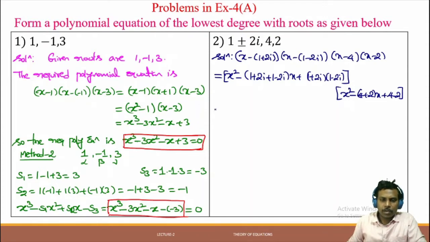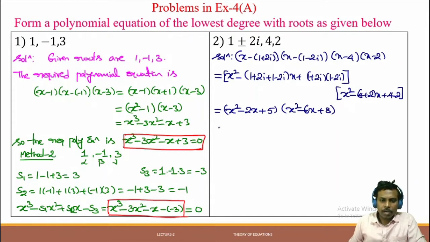So this is equal to what? So x square minus 2x plus 1 plus 2i into 1 minus 2i is 1 square plus 2 square, that is equal to 5. Now this is x square minus 6x plus 4 into 2 is 8.